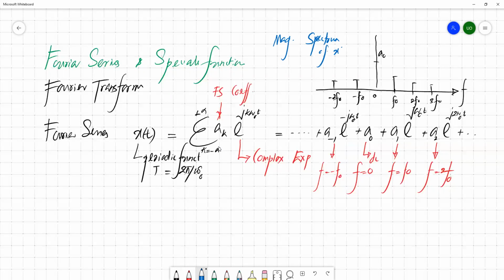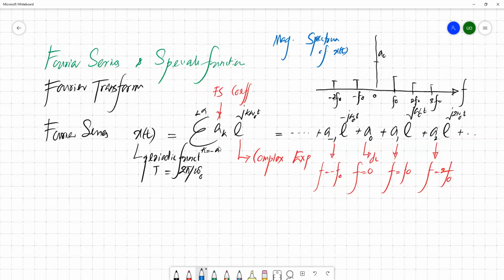of x(t). Similarly, we can get the phase spectrum as well, but for the time being we'll focus on this magnitude spectrum. It gives a hint about the individual frequency components affecting x(t), our periodic signal, which is a composition of a set of frequencies.